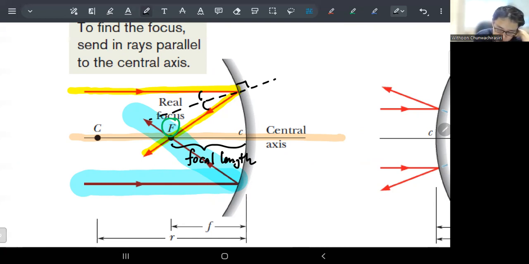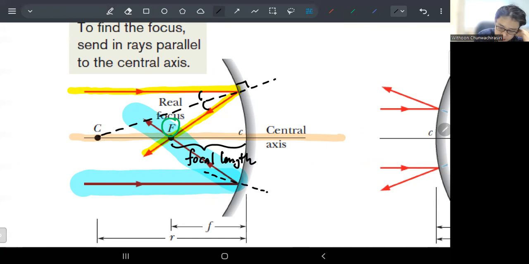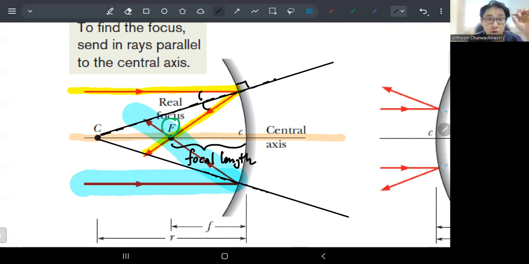If you extend this one out, and do the same thing underneath here, you draw a normal line. By the property of a circle or a sphere, that normal line will go through the center of the sphere.